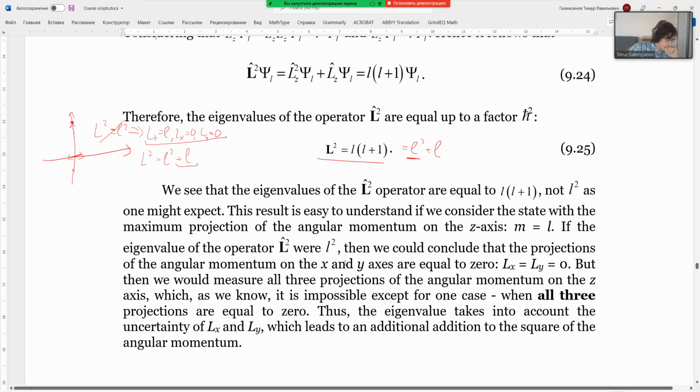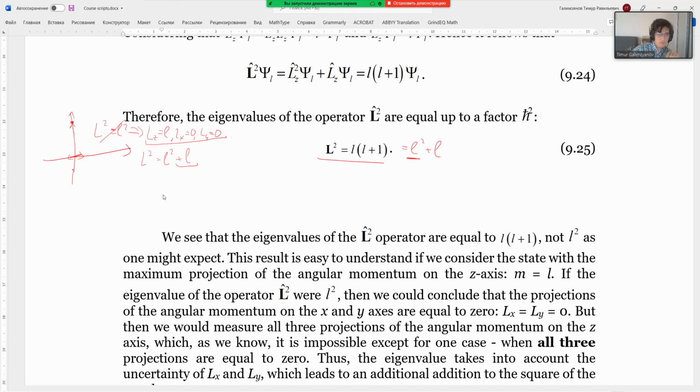Last thing I want to tell you here is that there is one state where you can measure all three projections of the angular momentum. There is one exception, and this exception is when Lx equals 0, Ly equals 0, and Lz equals 0.